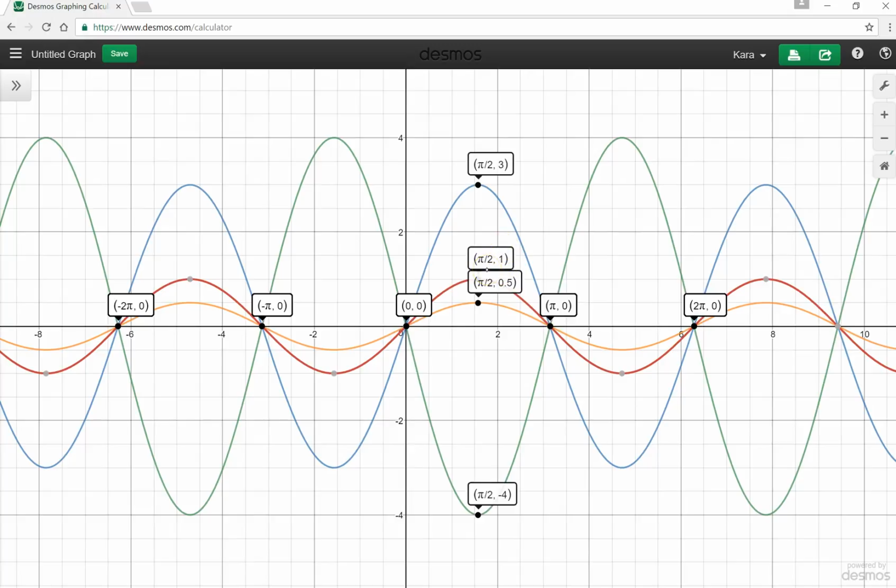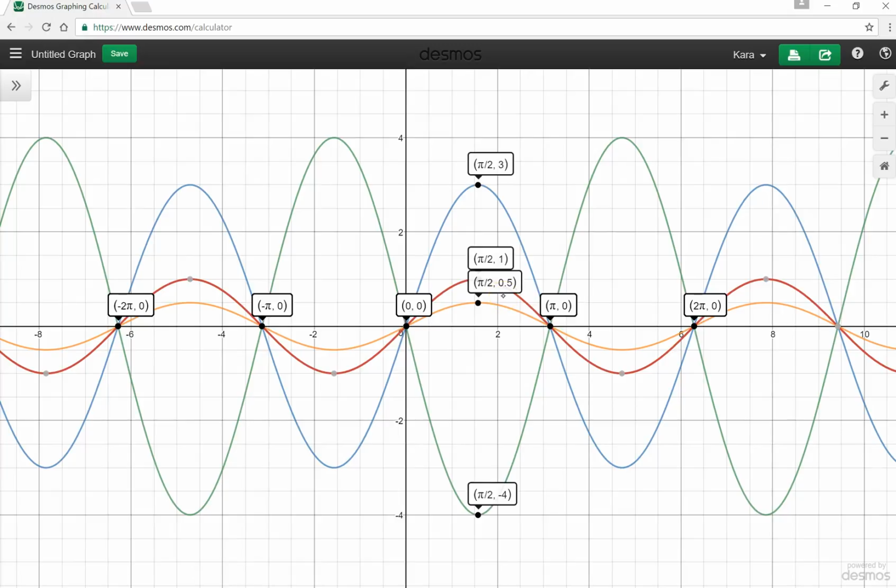The second one we did was the blue one, and at pi by 2, or 90 degrees, my maximum's 3. For the third graph, negative 4, the green one, if we go down, you can see at pi by 2 the first point it went to was negative 4. And for the fourth graph, the orange one, at pi by 2, or 90 degrees, we were at 0.5.